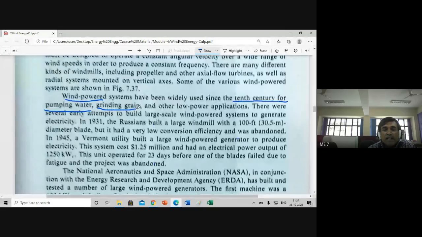Grinding grain and other low power applications. Grinding grain means flour mills.